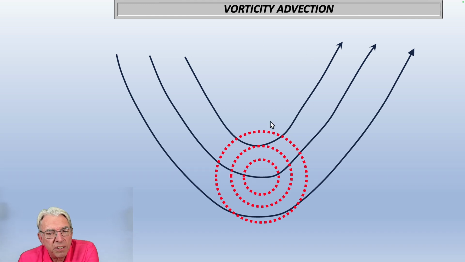Now, the reason that the vorticity maximum is right in here, number one, is because this is where the maximum curvature is. The curvature in the flow is going to contribute to a cyclonic rotation.